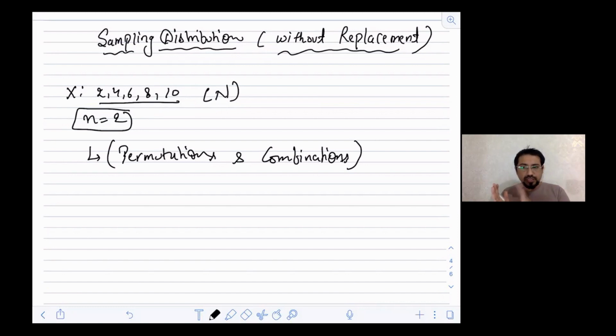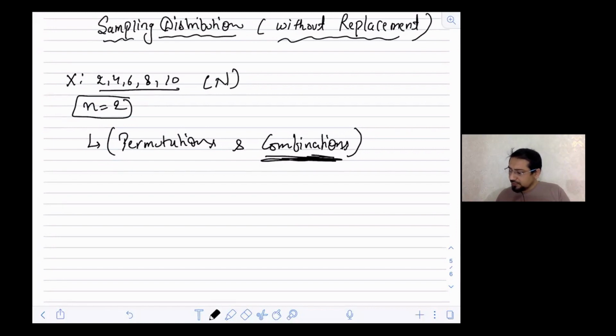Whether you use combination or permutations, the answer will remain the same. We can simply use the combination formula, either with your scientific calculator or a Google search. There are already calculators available, and I'm going to use one. I don't have a scientific calculator, so I will take the help of the internet.